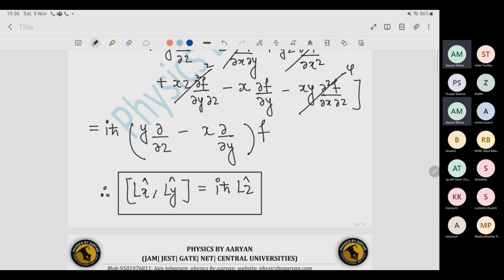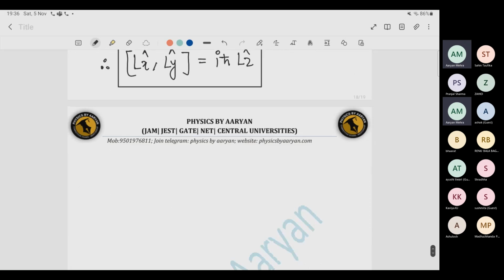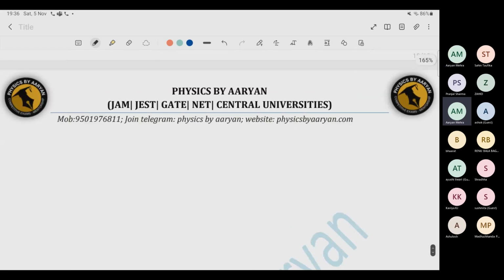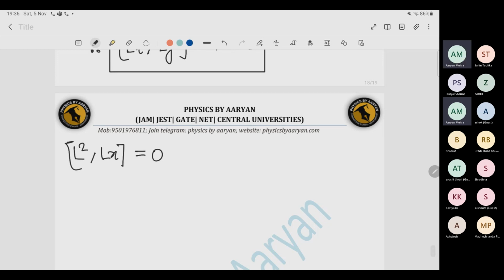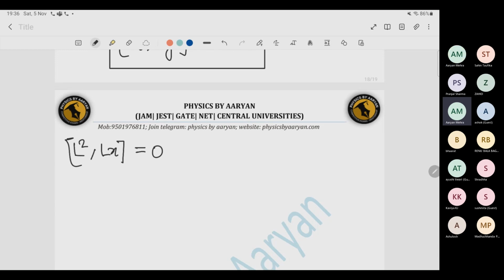Is it okay? Yes, sir. Okay, so similarly you can find all the operators. But now I want to give you some homework: you need to prove L square with Lx is 0. How do you do it? Any hint? Sir, we can write L square as Lx square plus Ly square plus Lz square.